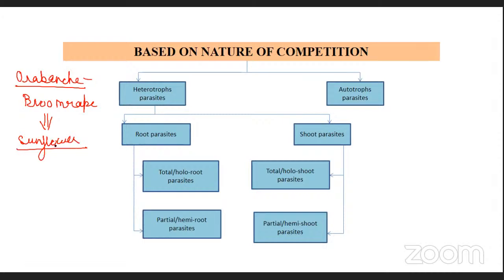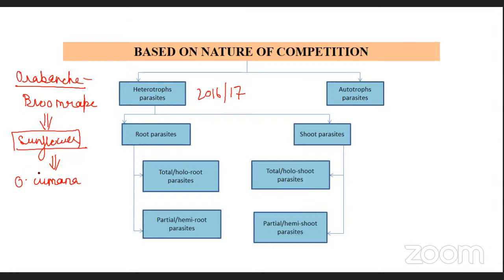This is for those preparing for the ASRB NET. This question was asked in NET, I think in 2016 or 17. This Orobanche attacks the sunflower, and the species which attacks the sunflower is Orobanche cumana. Okay, so this is very important.